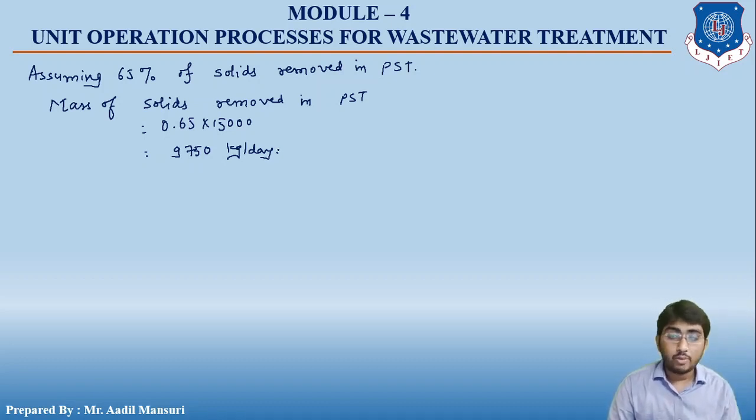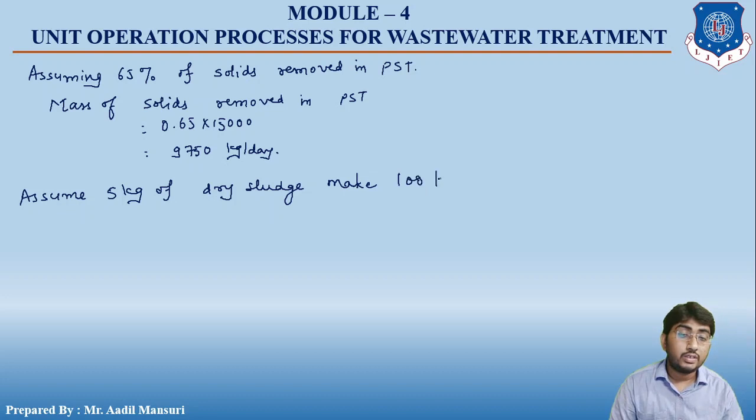Okay, now we need to assume 5 kg of dry sludge makes 100 kg of wet sludge, right?